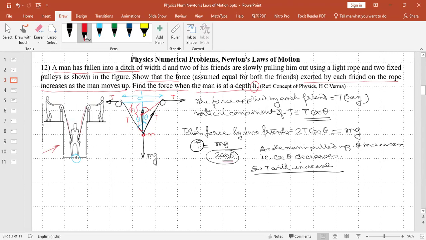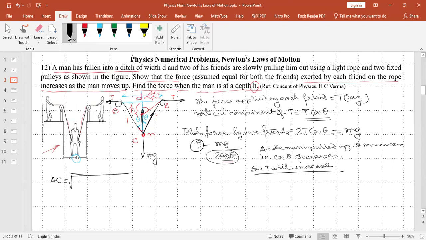So this is h and this is d, so this much is d by 2. Let us say this is C, this is A, and this is B. We have to find out what AC is.